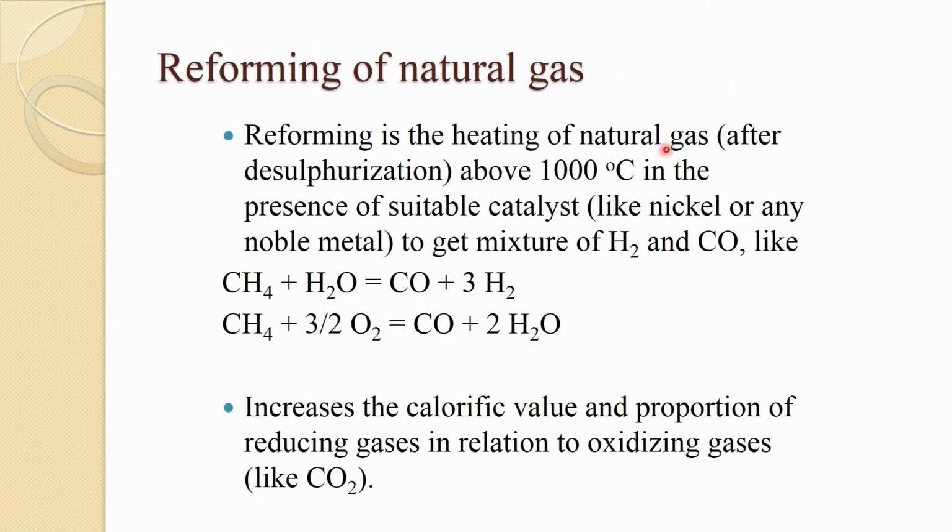Reforming is the heating of natural gas after desulfurization above 1000 degrees Celsius in the presence of a suitable catalyst, usually nickel or another noble metal, to get a mixture of hydrogen and CO, like this sort of reaction, where you get a mixture of CO and hydrogen, and this ratio can be controlled using temperature, pressure and catalyst. That is one essential thing, where you need CO and hydrogen as a reducing agent.